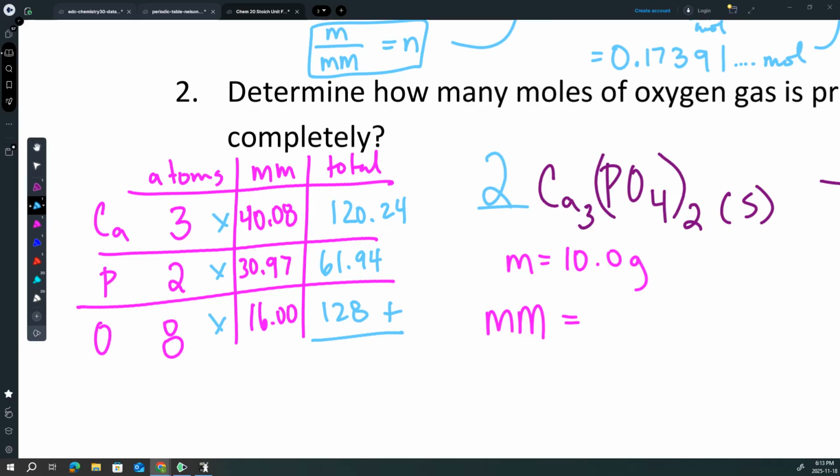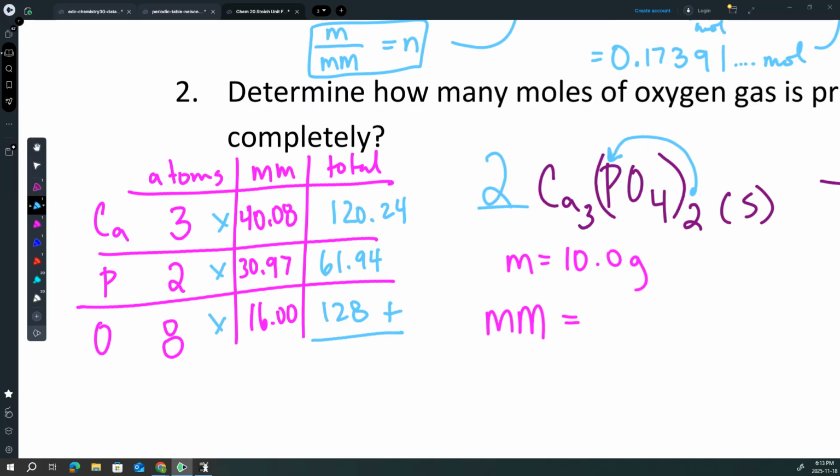All right, so since this is a bit more of a complicated one, I'm just showing my process here. Okay, so we had 3 atoms of calcium. The molar mass of a calcium atom is 40.08. So 3 times 40.08 is going to be 120.24. For phosphorus, we have 2 of them because we have 2 times the 1 phosphorus, part of phosphate there.